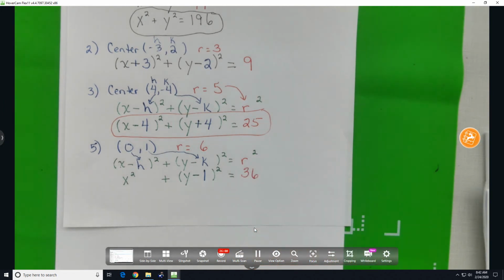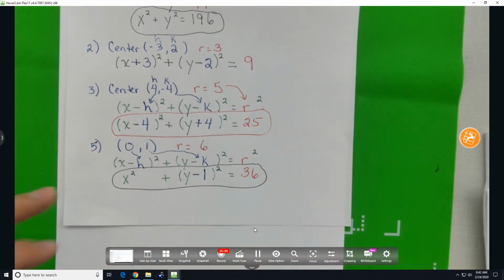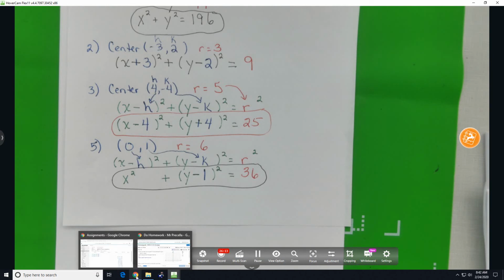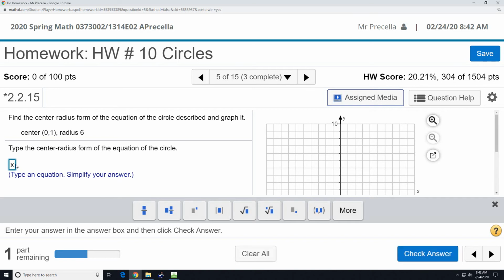So x squared plus y minus 1 squared equals 36 is our equation there. Click to type it in: x squared, right arrow, plus parentheses, y minus 1, close parentheses, squared, right arrow, equals 36.